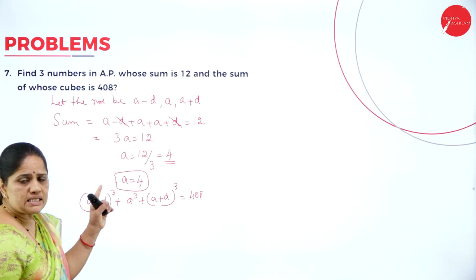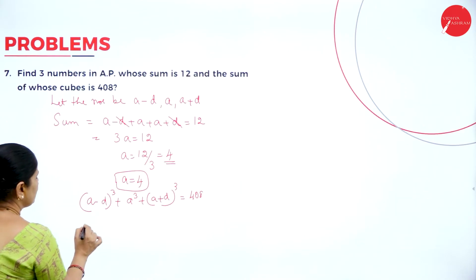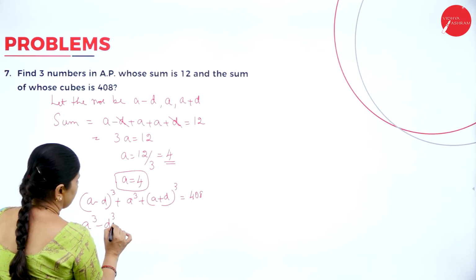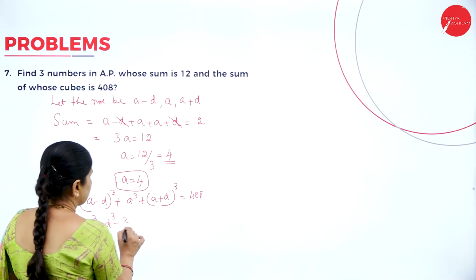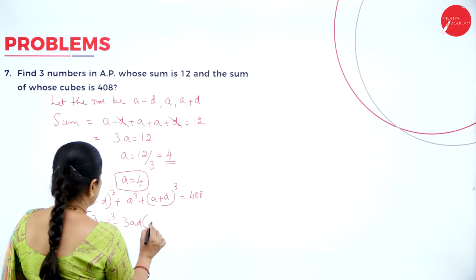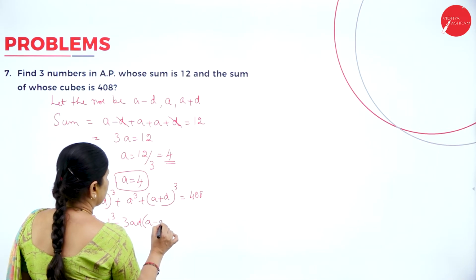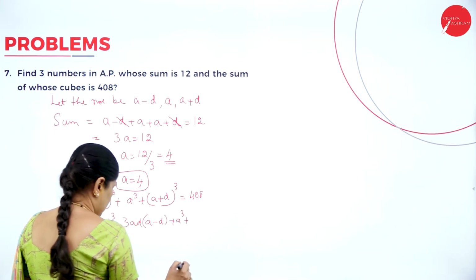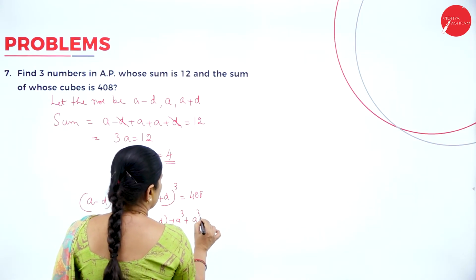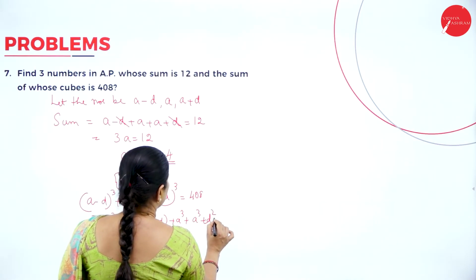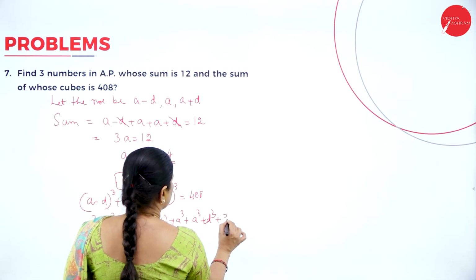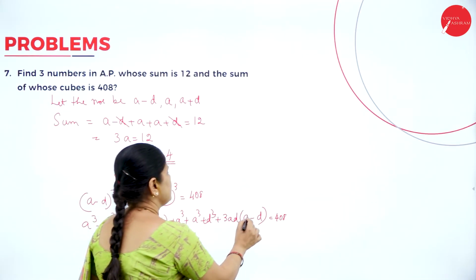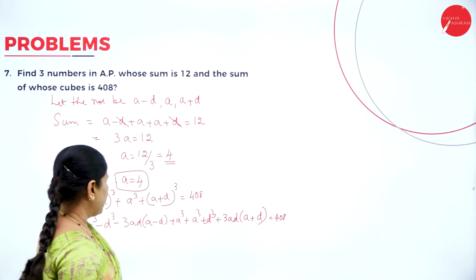So, A minus D the whole cube will be equal to A cube minus D cube minus 3AD into A minus D, plus A cube, plus A cube plus D cube plus 3AD into A plus D equals 408.